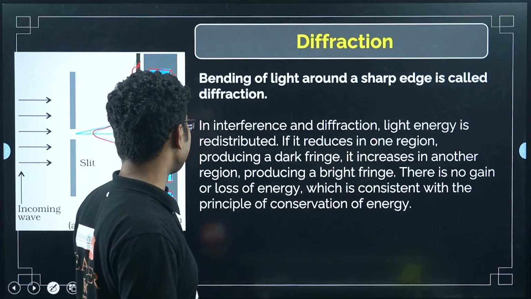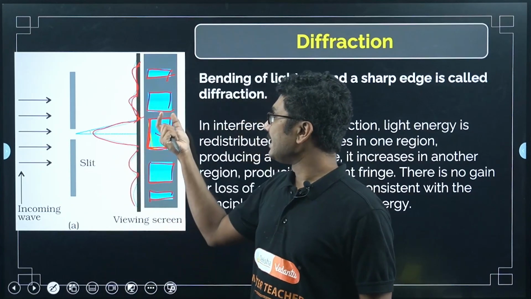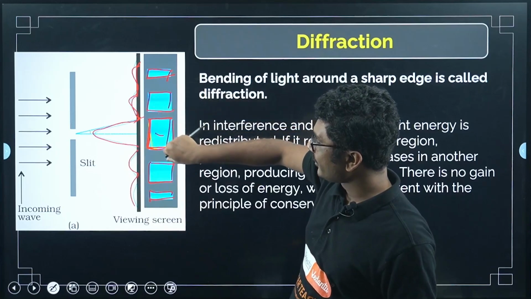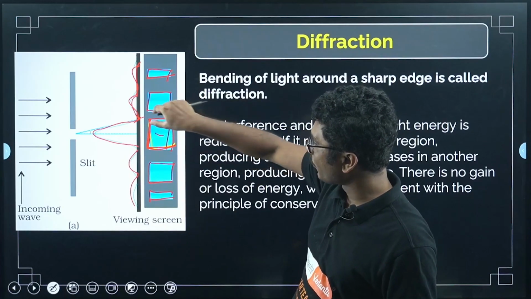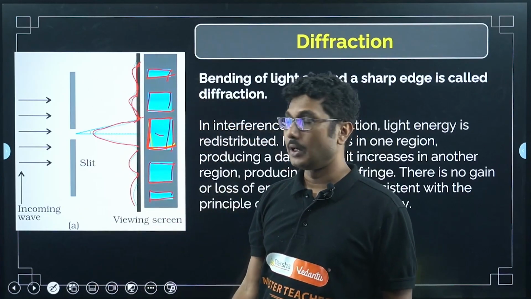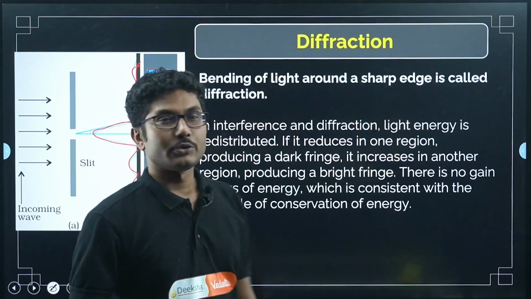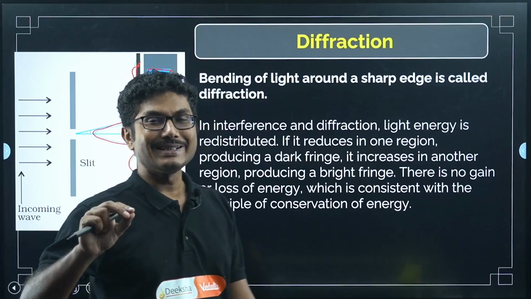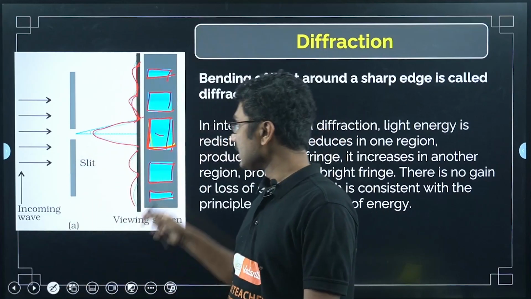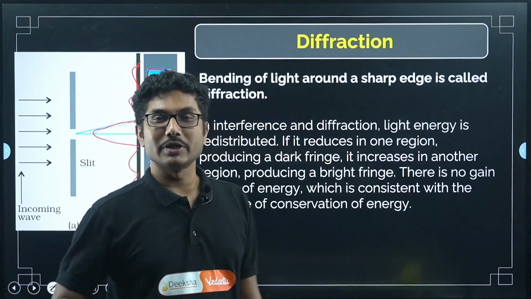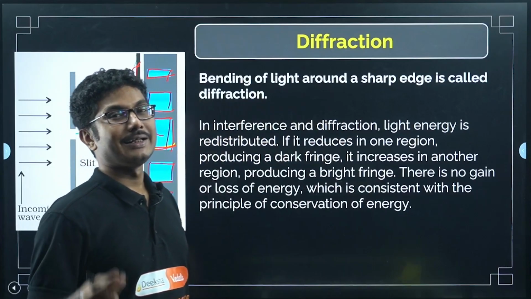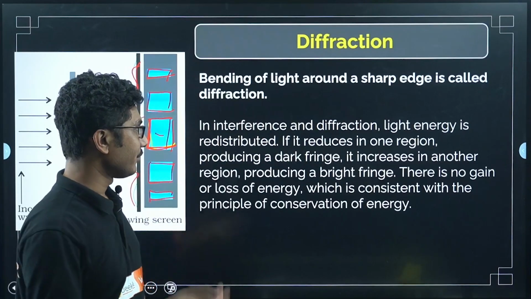Because it is producing dark fringes here, that means if there were no obstacle, the light would have fallen equally on all the points. Now light is redistributing itself. In some places it increases, producing bright fringes, and in some places it decreases, producing dark fringes.